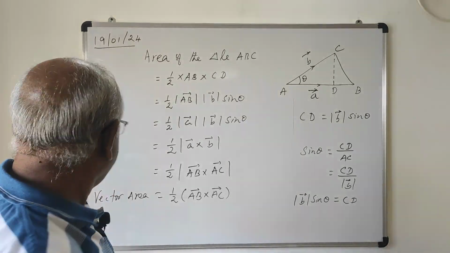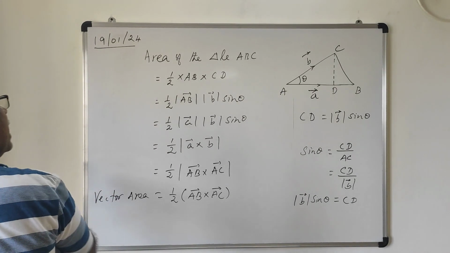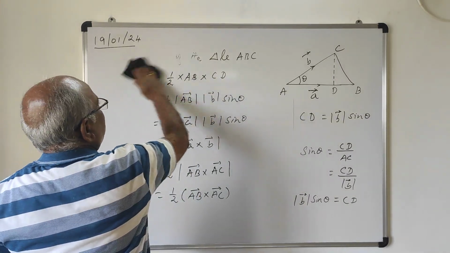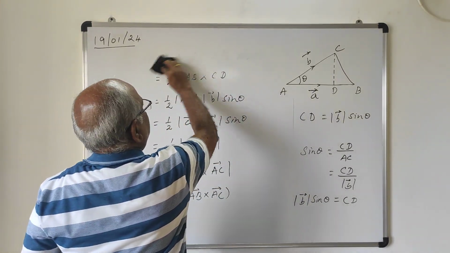Next, one more idea: the area of the parallelogram having vectors A and B as adjacent sides.